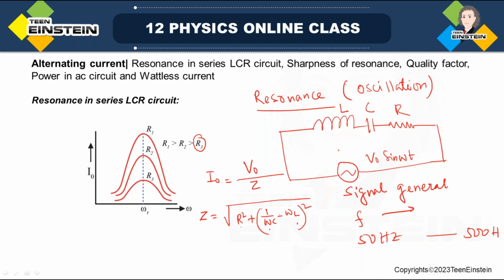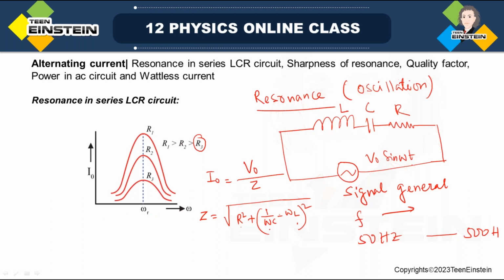But the amplitude of the current as well as the resonance depend on the resistor, because for different resistance we get different amplitude of the current.